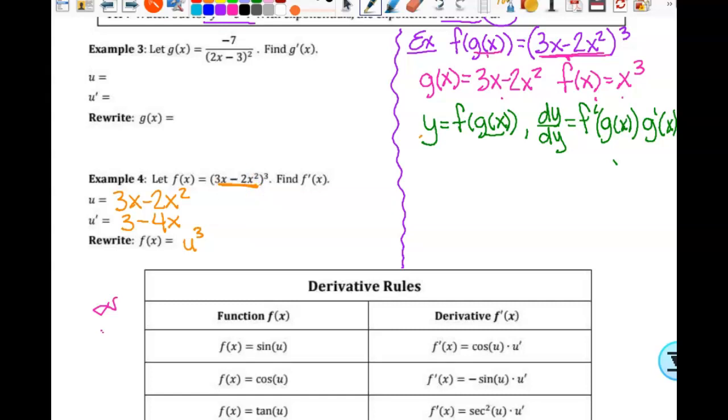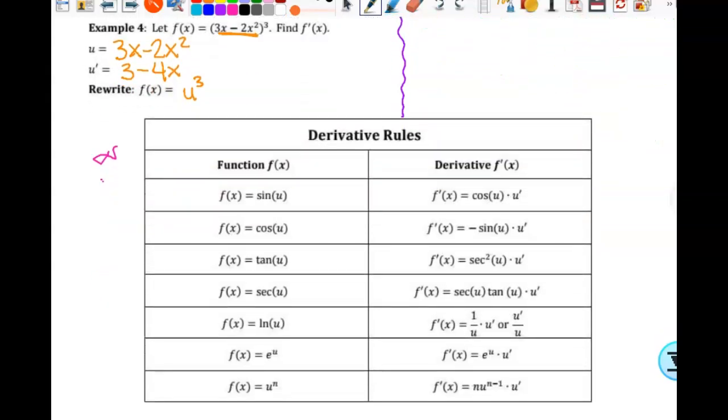So here's how the chain rule works. The chain rule says that if I want f prime, dy/dx is what I want. So dy/dx equals f prime of u times u prime. And that's just a little easier than all the f's of g of x's. It just streamlines that.